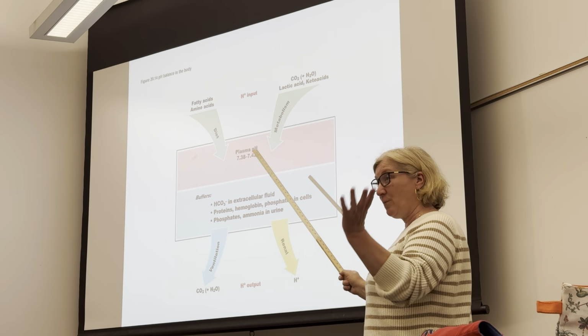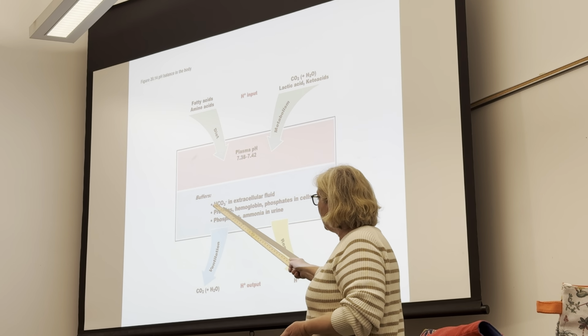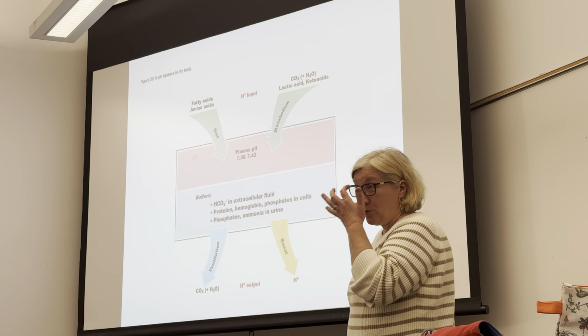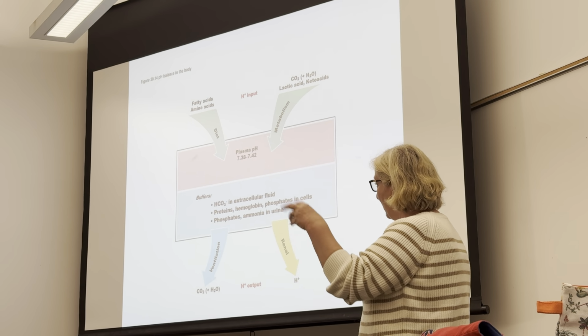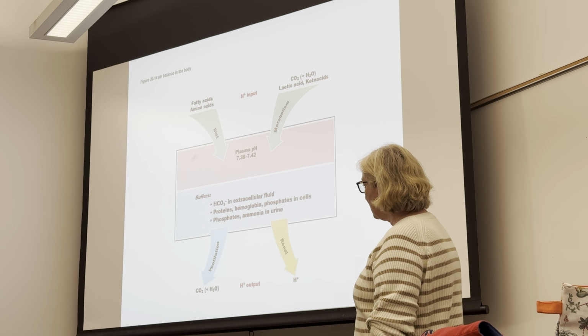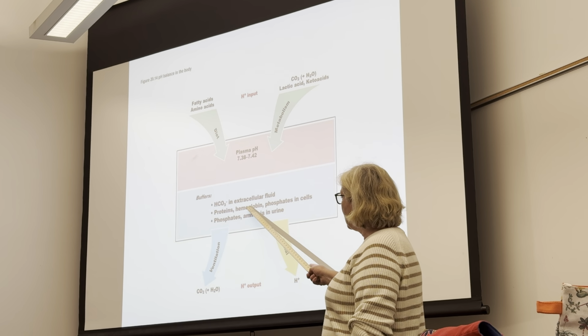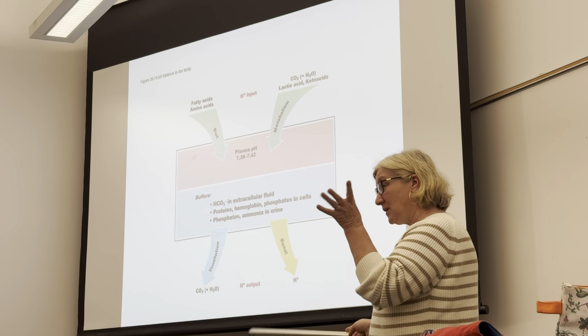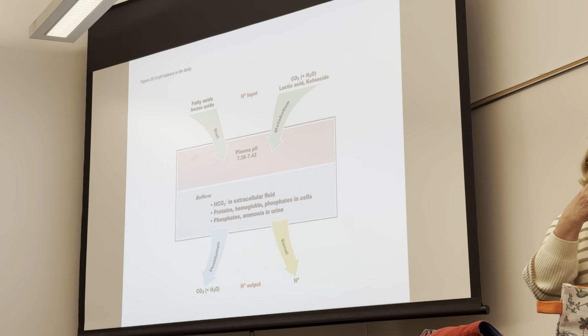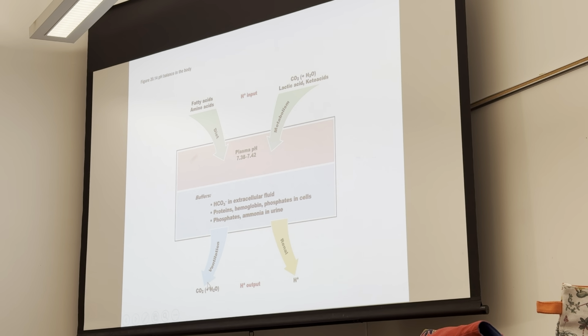So we obviously have buffers that we know about. We have the bicarbonate, a very important extracellular buffer that can bind or release the hydrogen ions. We have hemoglobins, some other proteins, some phosphate in the cells, able to also donate or accept hydrogen. And then ventilation, right?